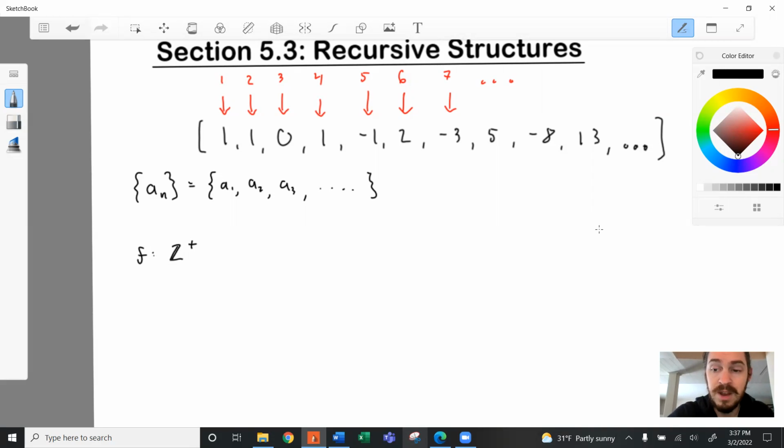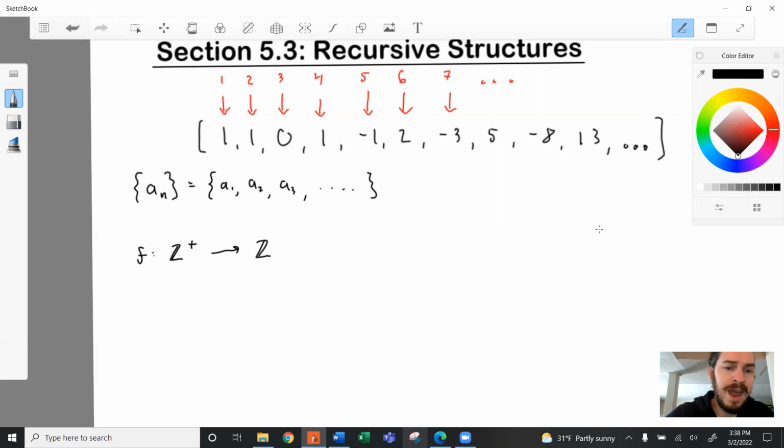There are both positive, negative integers and 0 in this sequence. So we will use as our output the entire set of integers. But you could just as easily make a sequence of real numbers, something like that. The output could be anything. You could make a sequence of sets, whatever. But the input is always the positive integers, because first element, second element, third element, and so on. The inputs of the function are the values of the index.